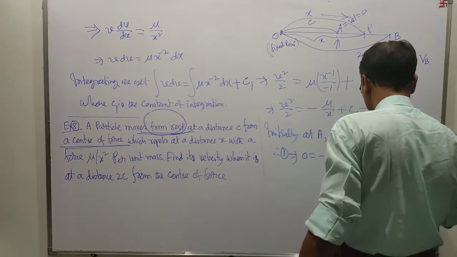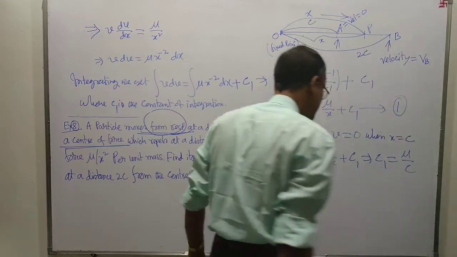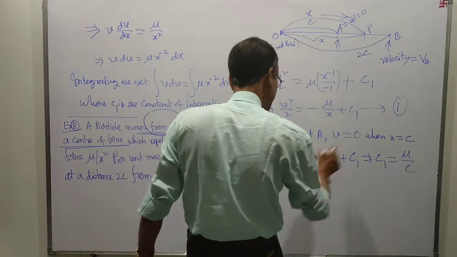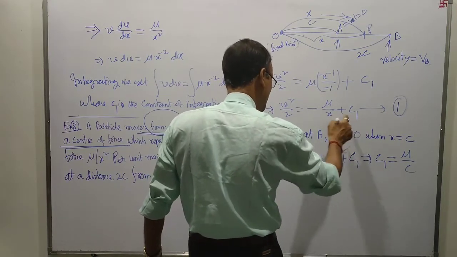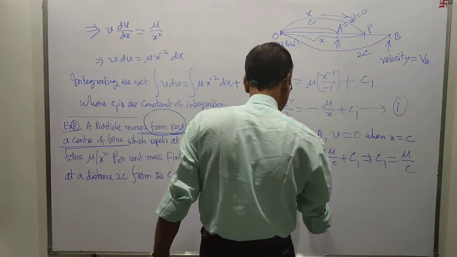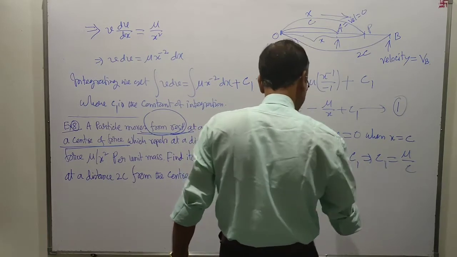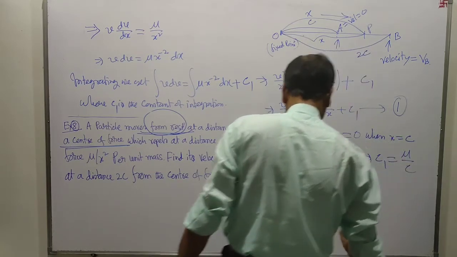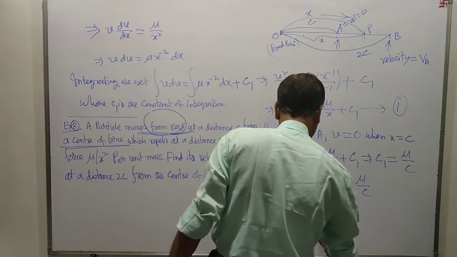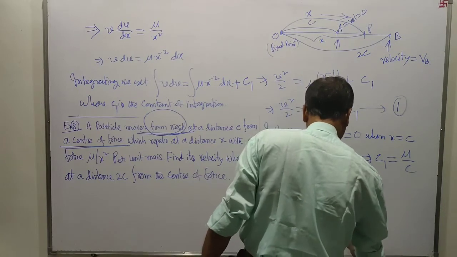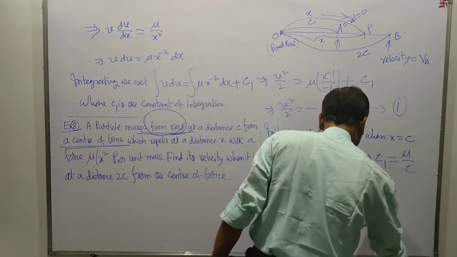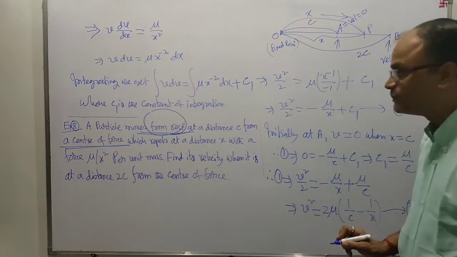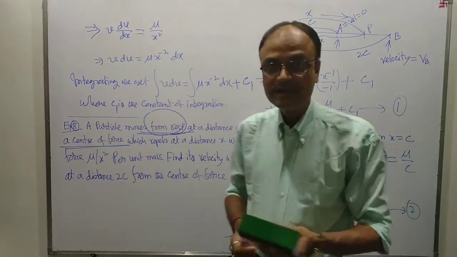This means C1 equal to mu by c. Substituting the value of the constant of integration in 1, v square by 2 equal to minus mu by x plus mu by c. This means v square equal to twice mu into 1 by c minus 1 by x. Suppose this is number 2.